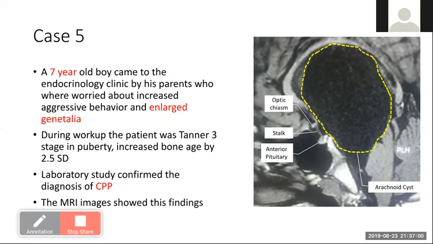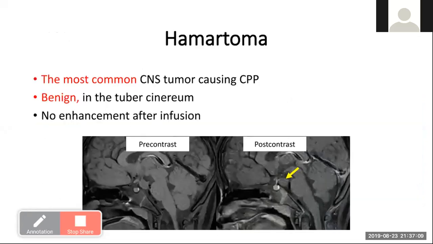This is the arachnoid cyst, which is a common etiology. Another common etiology for central precocious puberty, actually the most common CNS tumor, is hamartoma.